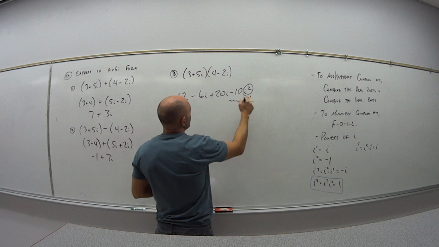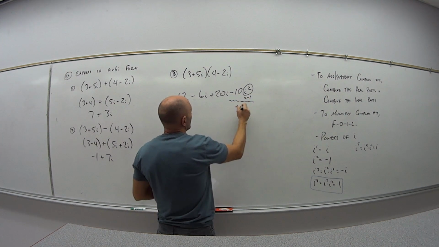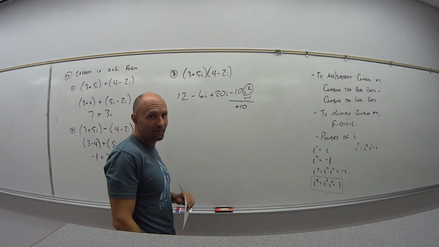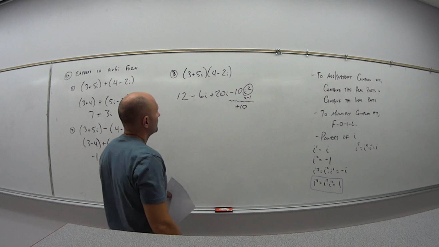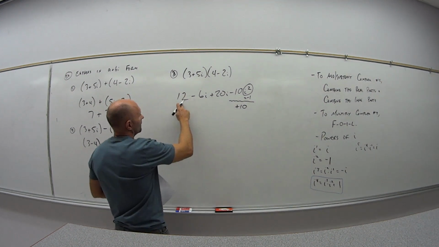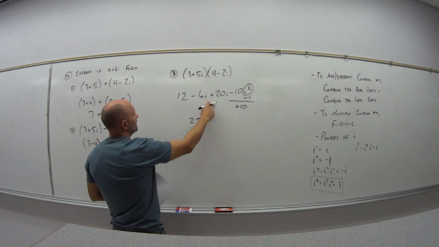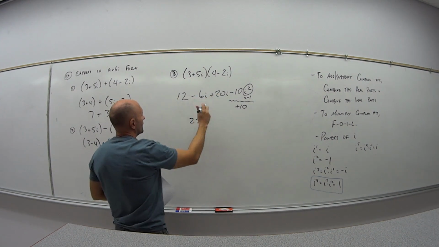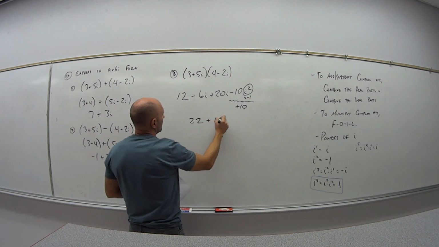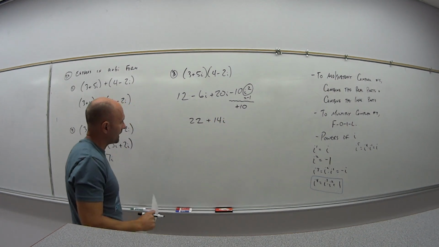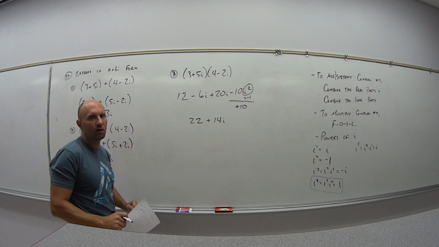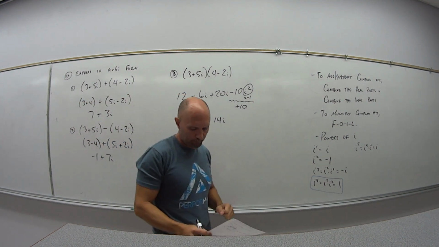So this whole piece, negative 10 times negative 1, is plus 10. So if I combine the real parts, I have 12 plus 10, that's 22. And the imaginary parts, 20i minus 6i is plus 14i. So you should get 22 plus 14i.